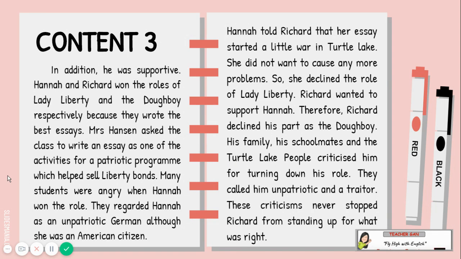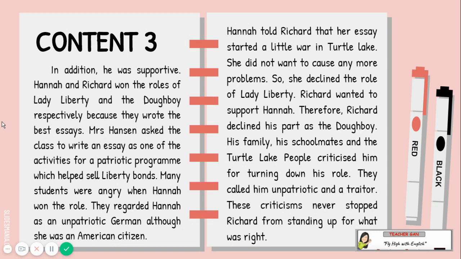Hannah told Richard that her essay started a little war in Turtle Lake. So she was scared about starting the war in Turtle Lake. Okay? She did not want to cause any more trouble. So she declined the role of Lady Liberty. Richard wanted to support Hannah. Therefore, Richard declined his part as the doughboy.